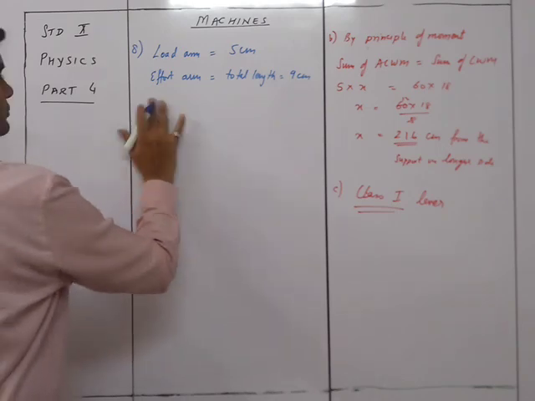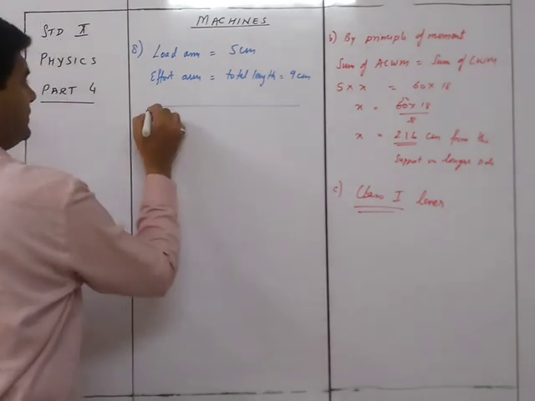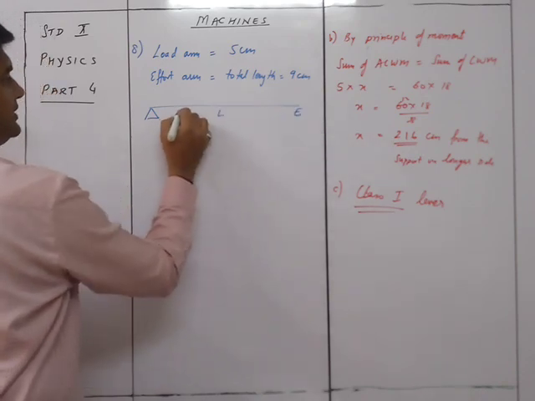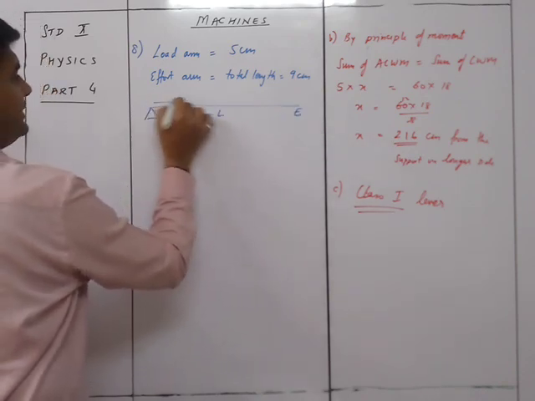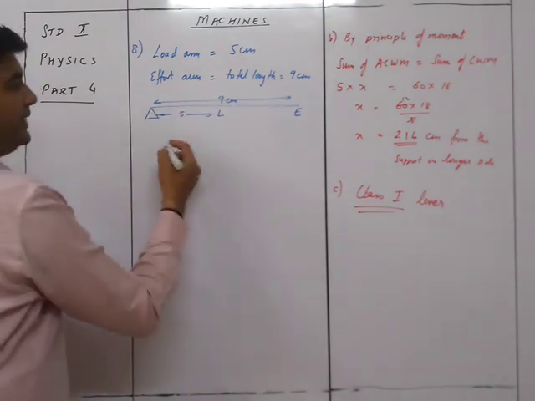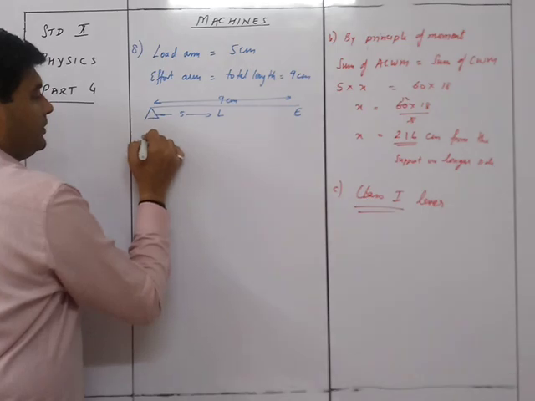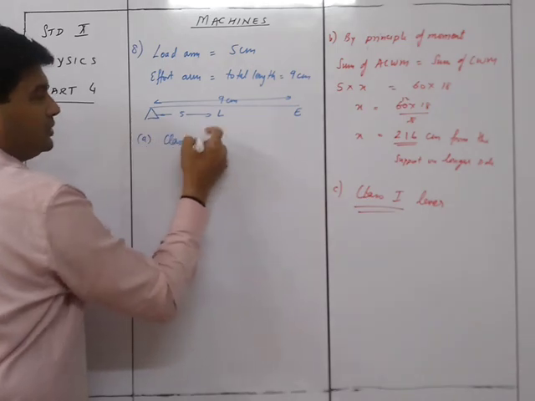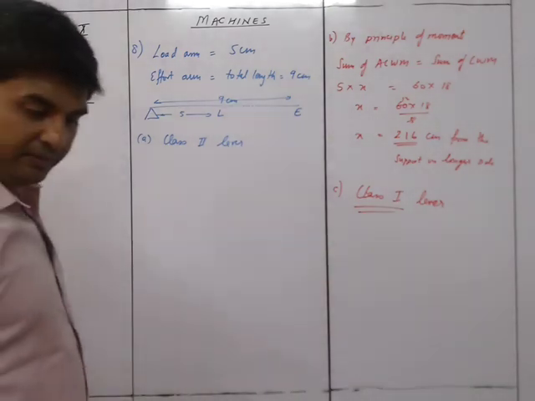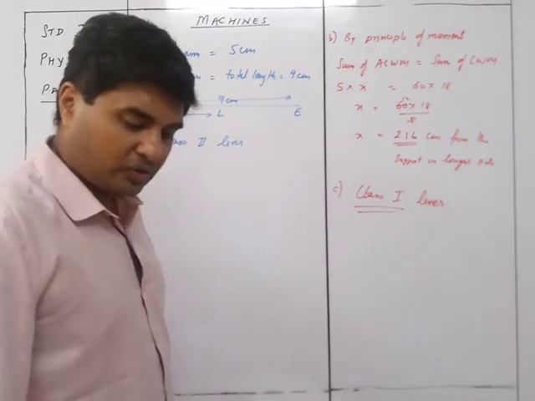Therefore, the fulcrum is here, effort is here, and load is here. This is 5 and this is 9. So accordingly we see that this is a class 2 lever. To which class does it belong? It belongs to class 2.